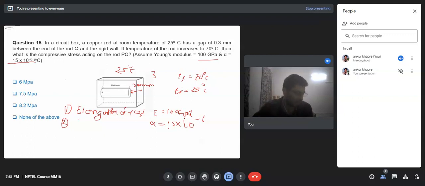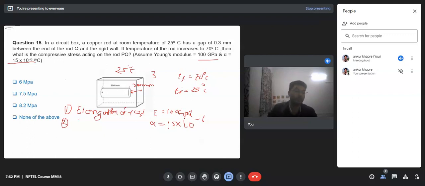And when compression is happening, then the compressive stress of the rod, elongation restricted, and elongation due to the thermal expansion. Gap is more than elongation restricted.